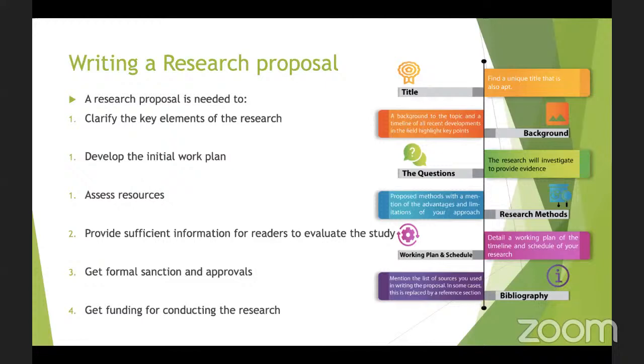Now, this research proposal is the main thing that will be required for getting a formal sanction or approval to conduct the study, followed by the funding. So first you will get the sanction or the approval, and then from the funding agency you will get the funds for conducting that particular research that you have in mind.